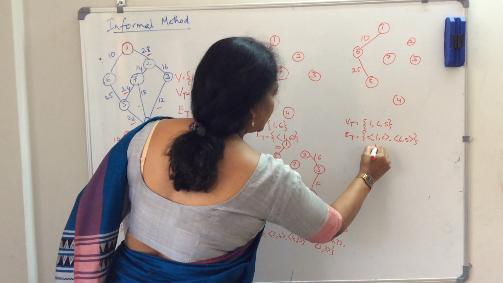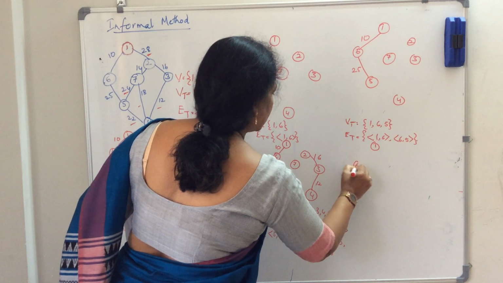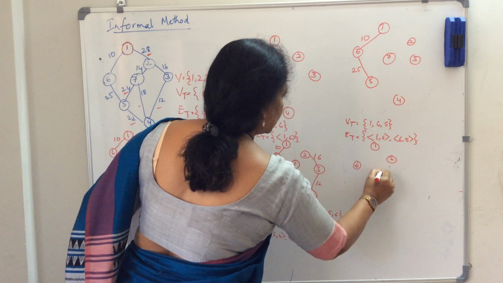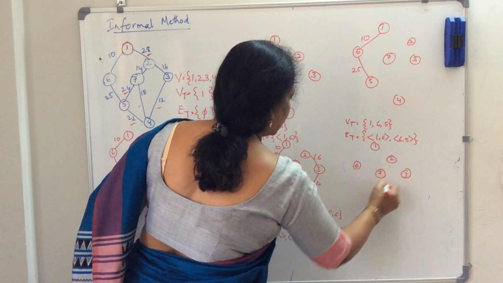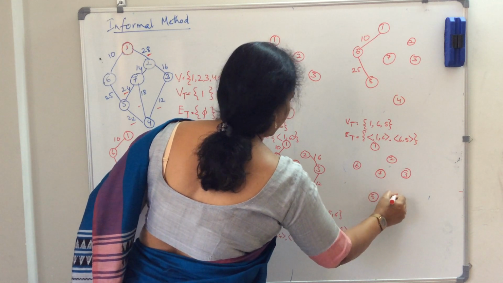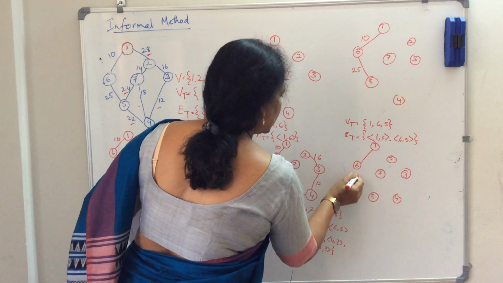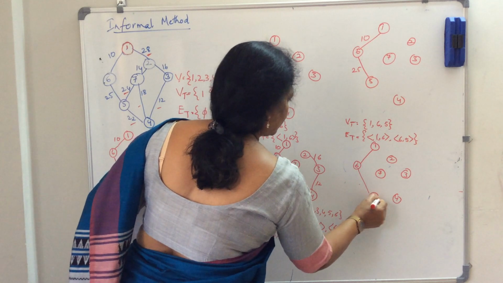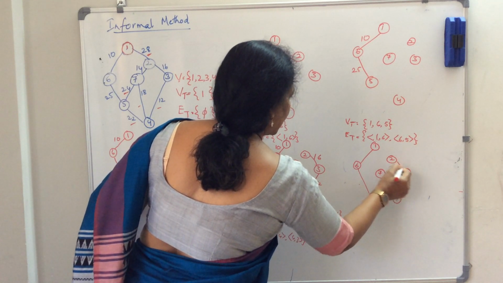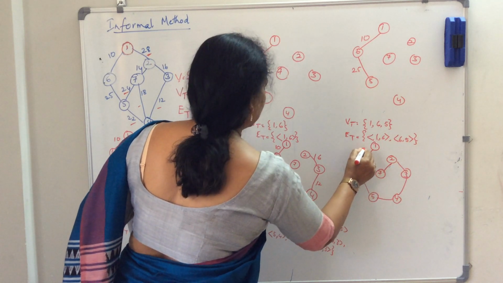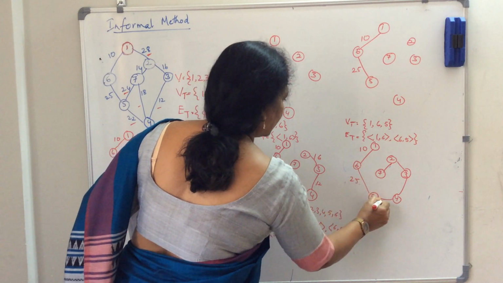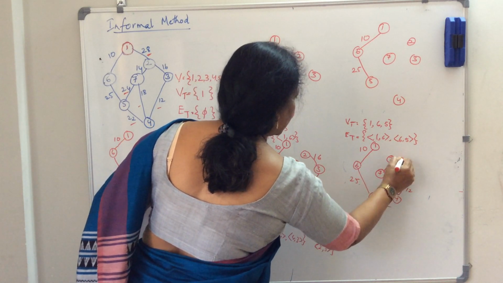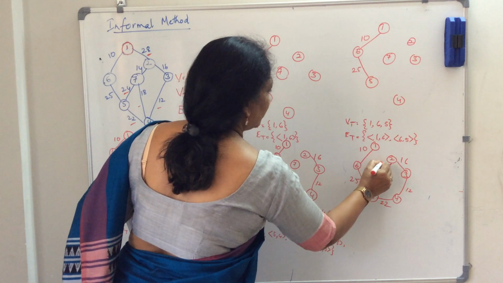Okay, then it becomes 1, 6, 2, 7, 3, 5 and 4, and this becomes like this. Okay, and this one. So what are the costs here? 10, then 25, 22, 12, 16 and this is 14.